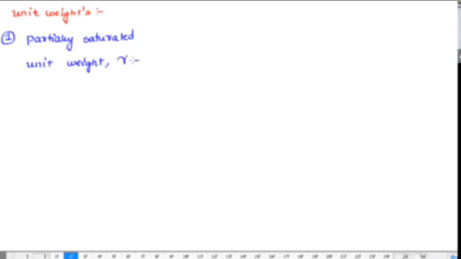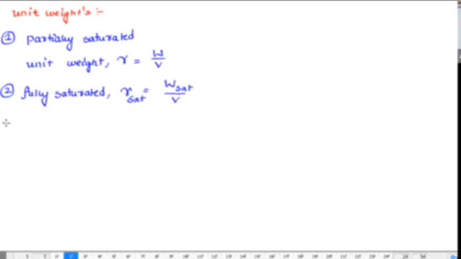What is this gamma? Total weight by volume. That's it. And the second one is the fully saturated unit weight. So fully saturated is gamma sat, which is W sat by total volume, no change in the volume.